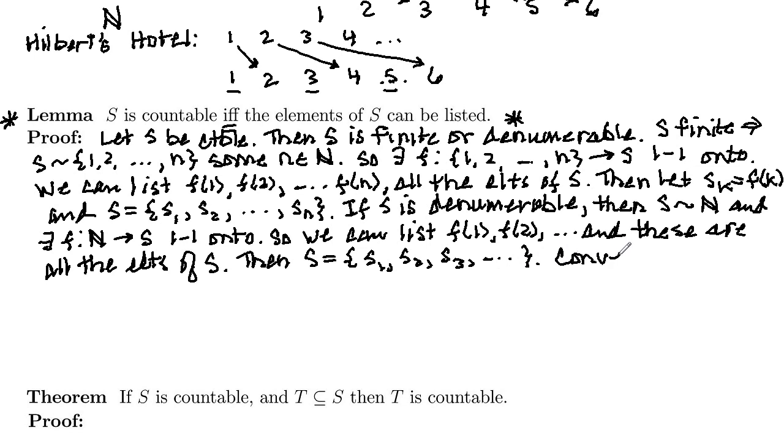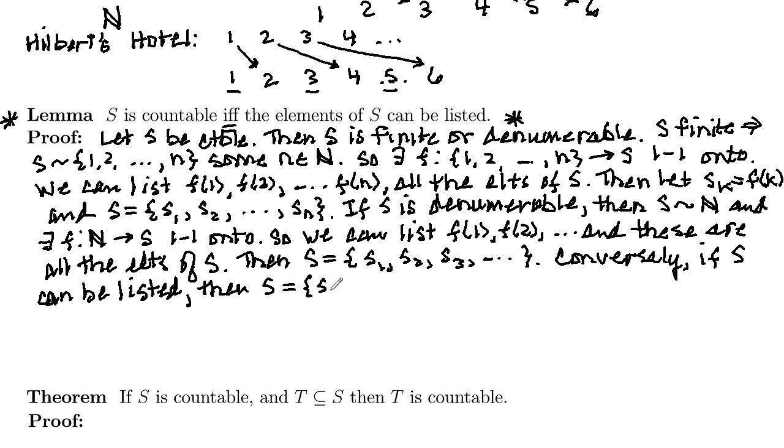Conversely, for the converse, we're going to suppose that S can be listed. So if S can be listed, then we could write, say, S equals S1, S2, and so on.